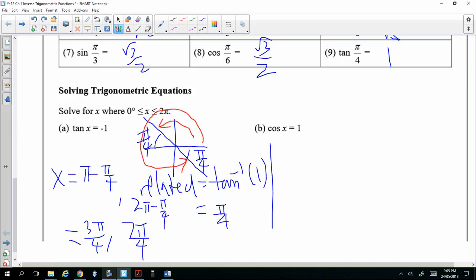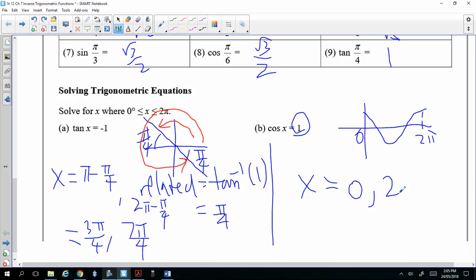How do we do the next one? Graph. So just remember, when it's a 1, you draw the graph, and it's going to be at 0 and 2 pi. So this one's very fast, but you just have to remember to do that when you see cos x equal to 1, 0, or -1. Right, these are just a brief introduction, so we need to remind ourselves of this important concept from trigonometry, because this will be used again in the inverse trigonometric functions topic.